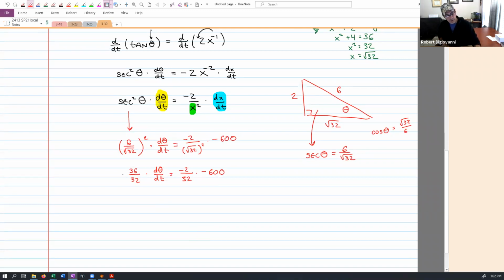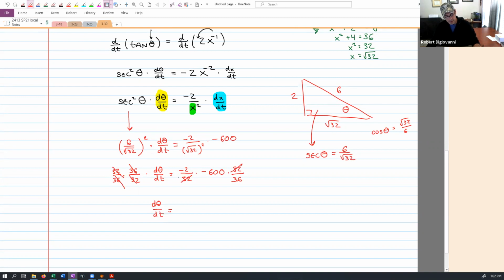And then what I'm gonna do to get d theta dt by itself is multiply both sides by the reciprocal, 32 over 36. And it will go away over here. That'll leave me d theta dt equals, okay, I've got 2 negatives, so I know I'm gonna have a positive answer.